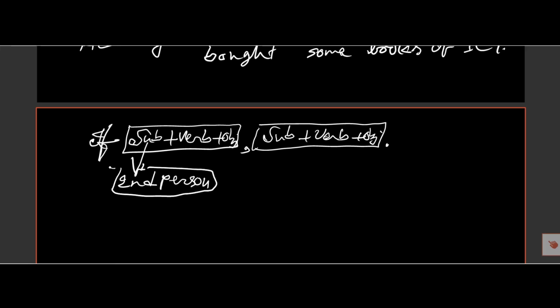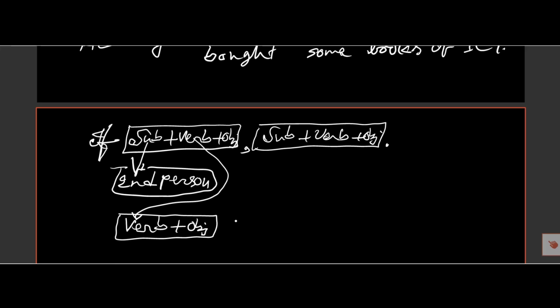If there is a conjunction if and the subject is second person, then the compound sentence must begin with the main verb, then the object, and instead of a comma we put here and.